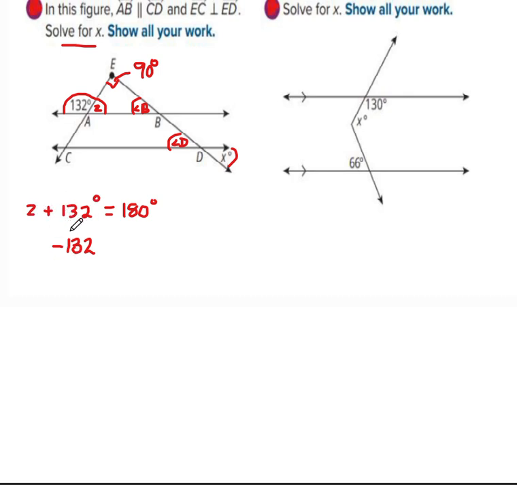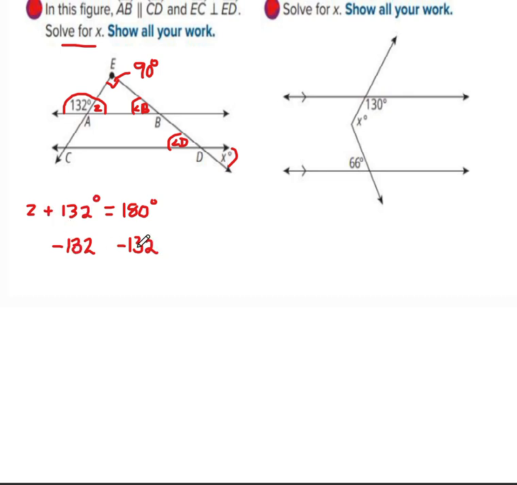To find angle Z, we will simply subtract 132 degrees, which is added to angle Z. We want to get angle Z on its own. And because 132 is added to angle Z, we will subtract 132 from the left side of the equation. But what you do to one side of the equation, you have to also do to the other side in order to maintain balance.